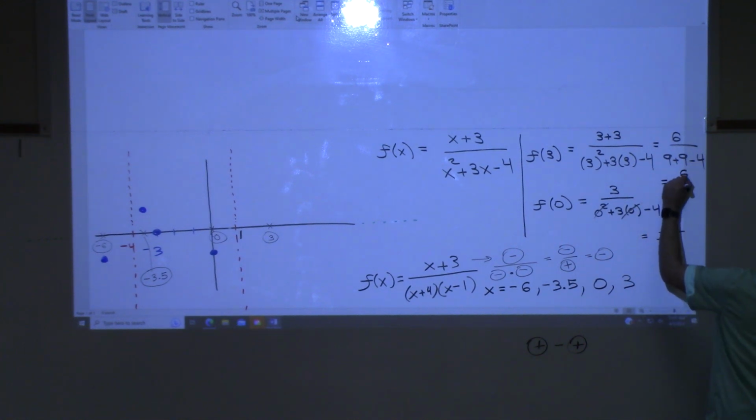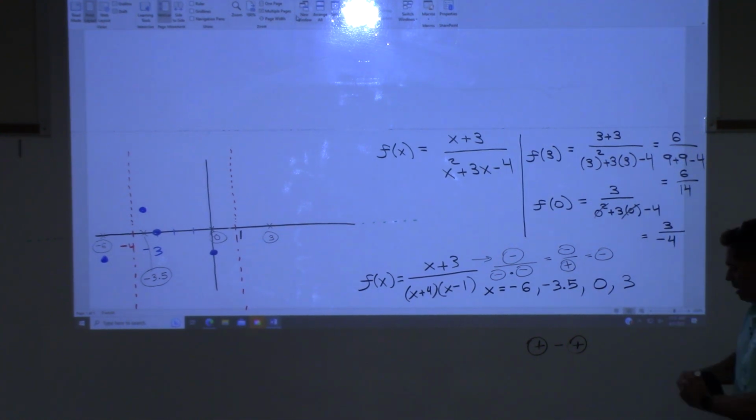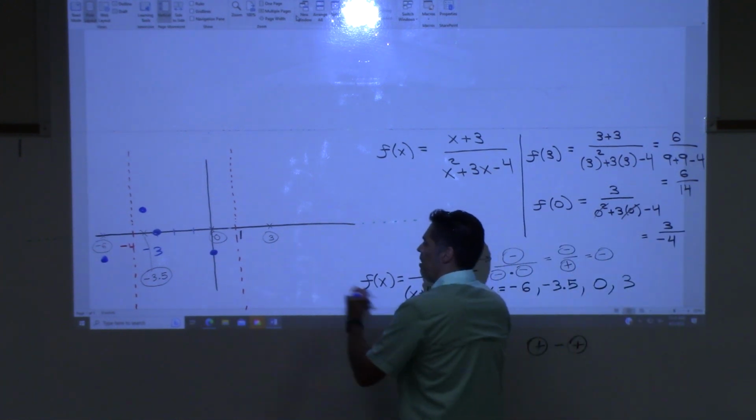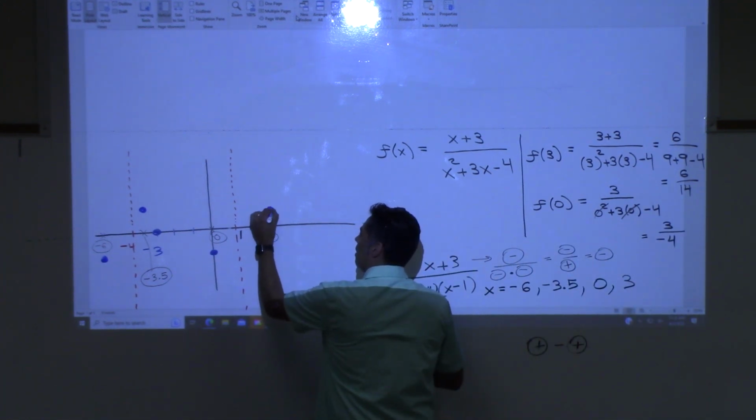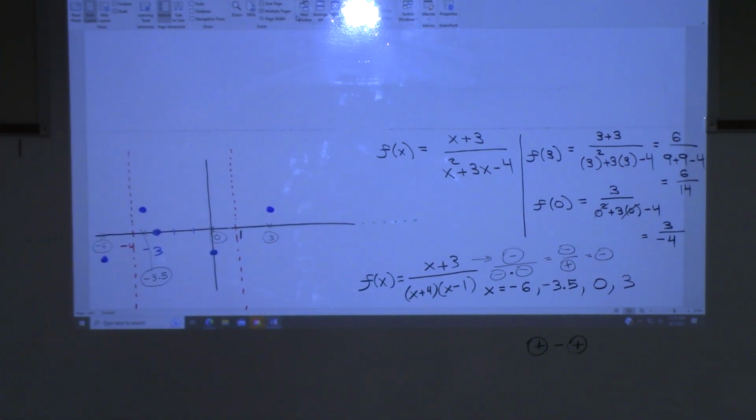This turns out to be 6 over 18 minus 4, 6 over 14. I'm doing that fast, but, you know, plug in. The important thing is that our answer is what? Positive, which means when I go to draw, put a point, it's going to be above the x-axis. Isn't this pretty?